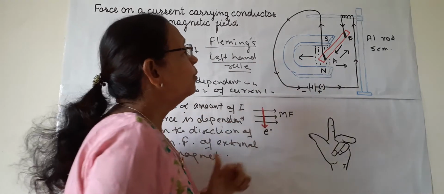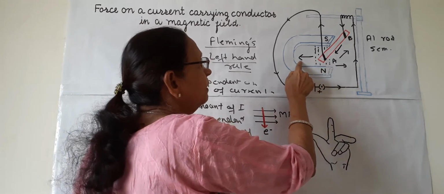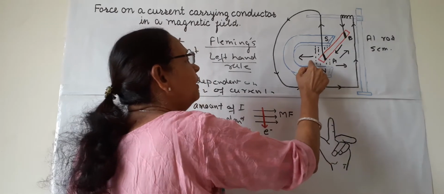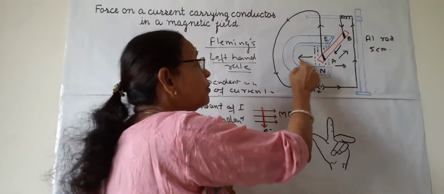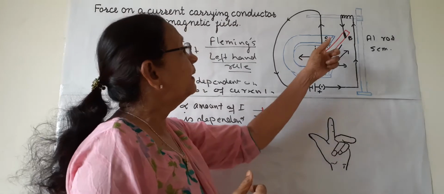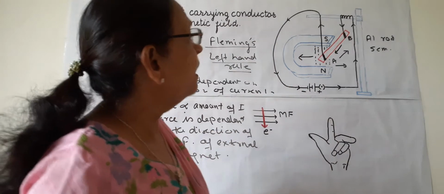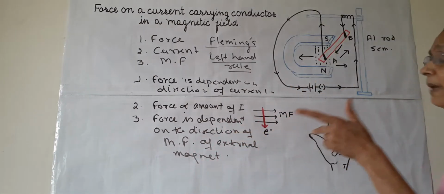Suppose I want to know the force. I have told you that this rod goes in. The force is on the left hand side. So we will prove that it is according to Fleming's left hand rule. See how. This is my left hand.